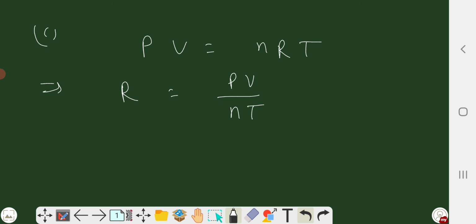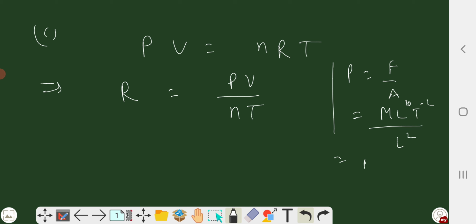Now P is the pressure, so I can use the formula P equals F upon A to get the dimension of P. That would be MLT minus 2 upon area, which means L square, so ML minus 1 T minus 2 would be the dimension of pressure.